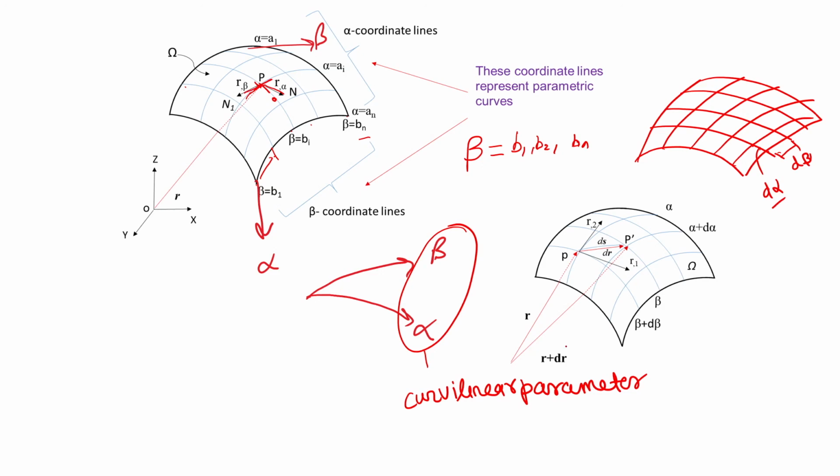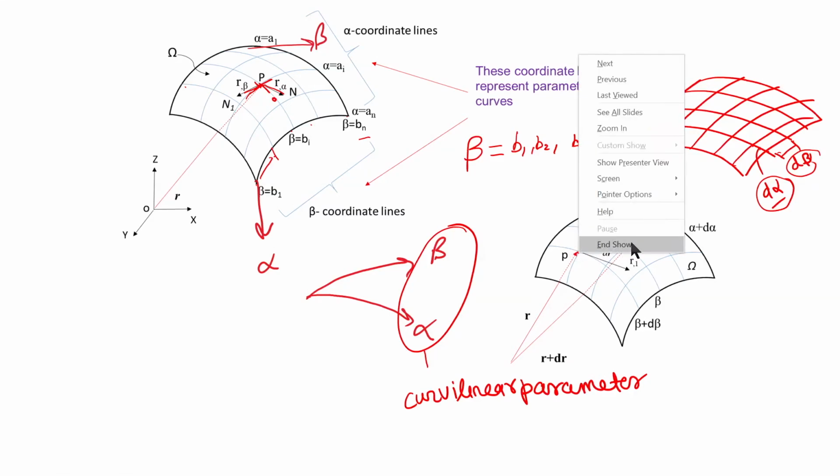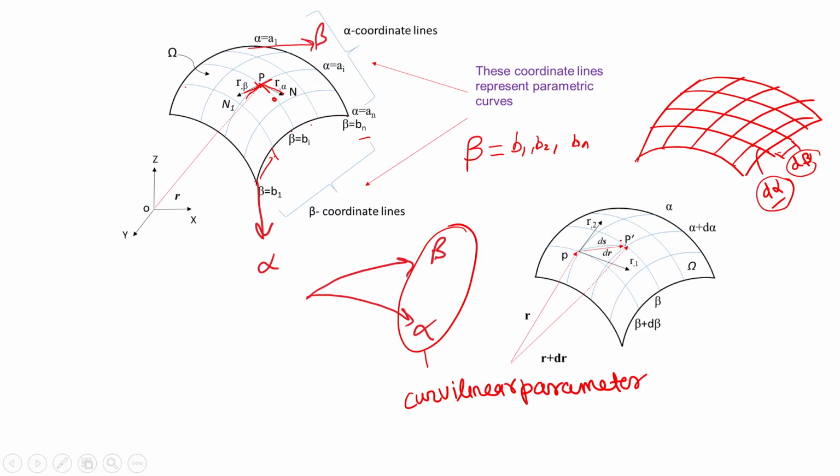So, from a position R we can define like this, but if we take a small increment, let us say this point P moves to P dash, then we are interested to find this ds. So, the radius of curvature r comma 1. Basically 1 means alpha and 2 means beta. So, here it is written as r comma alpha and r comma beta. Sometimes it can be written as r comma 1 and r comma 2.